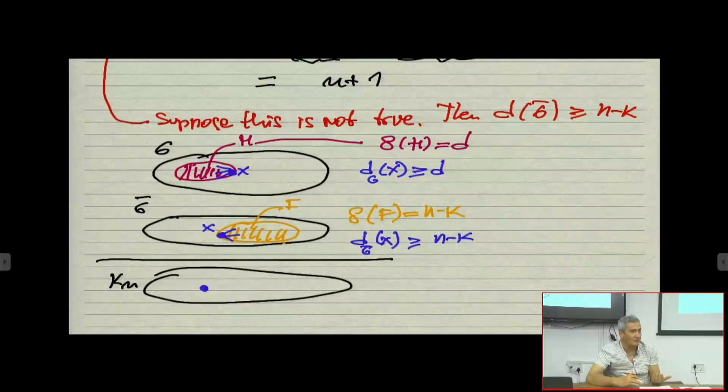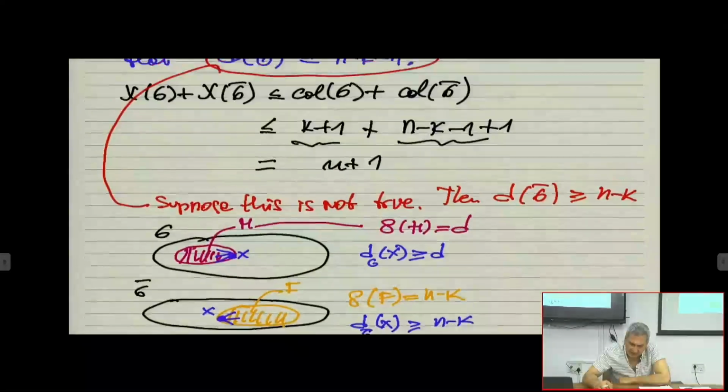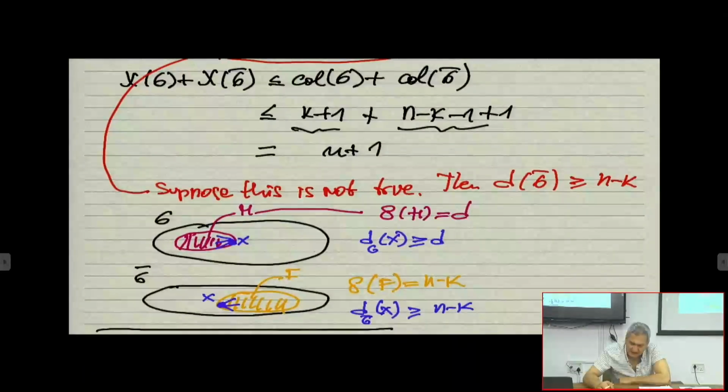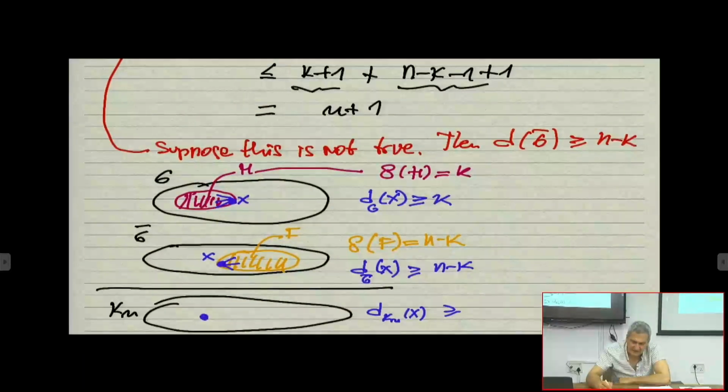Because this is the complement of G. So that will imply that the degree of x in the complete graph will be at least... I made some typos here. D is not D. D is K. Yes, okay, here is a K. Sorry about it. K. K. And this gives the degree of x in the complete graph should be at least n.